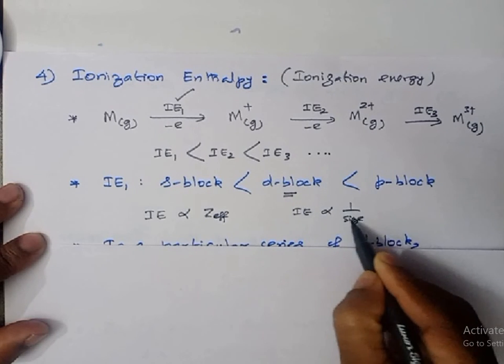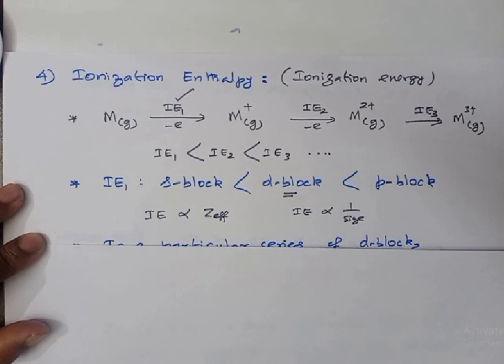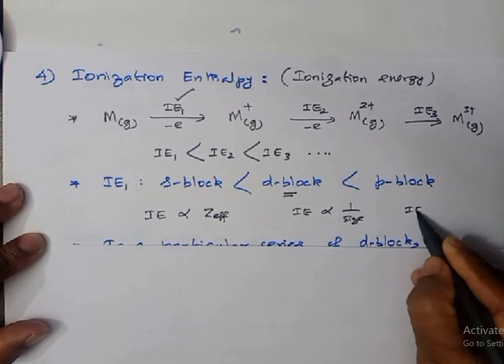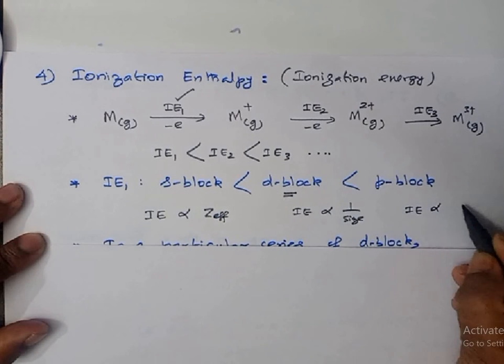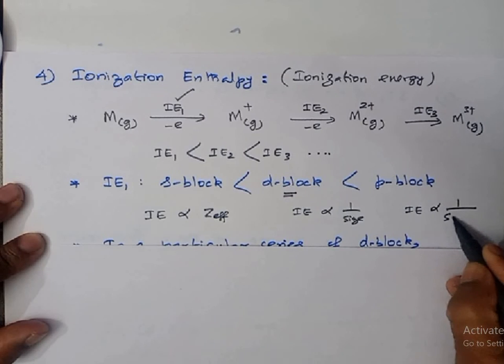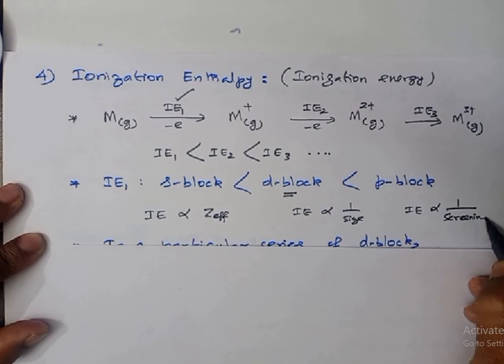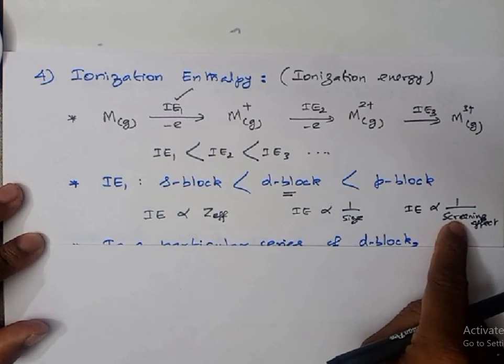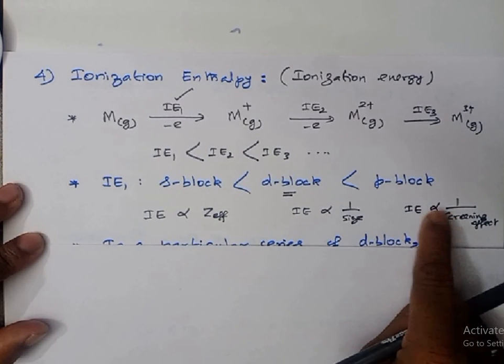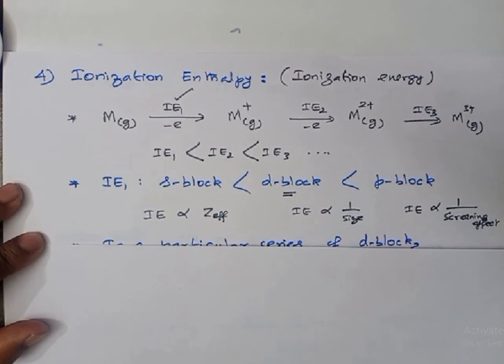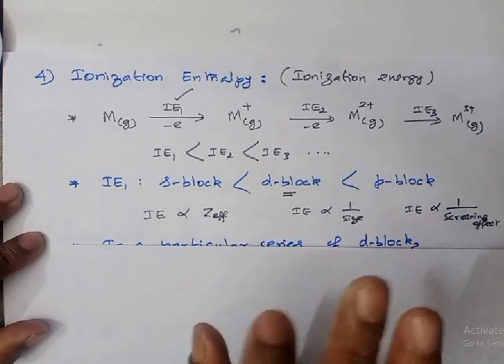If size increases, ionization energy will decrease. These are some essential points you should keep in mind. And ionization energy is inversely proportional to the screening effect. If there is more screening, ionization energy will decrease. These are all general information, keep this in mind.